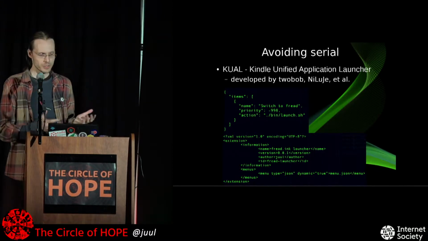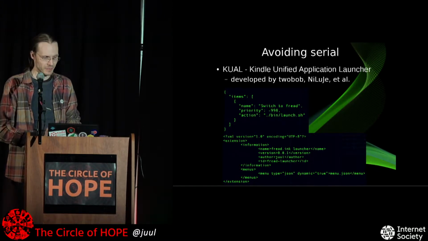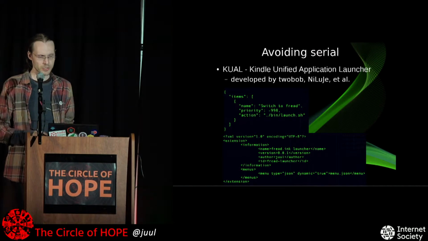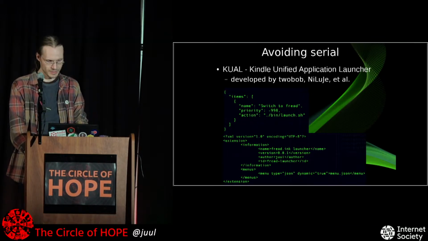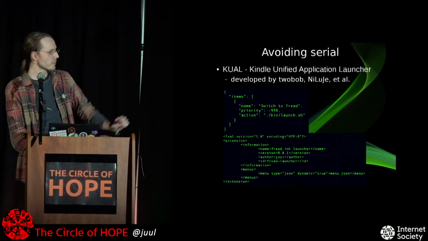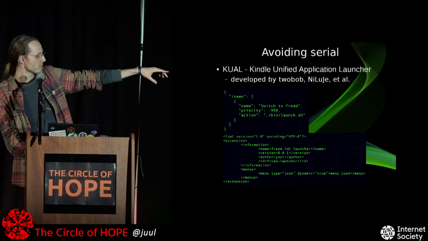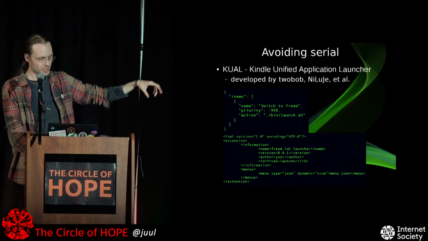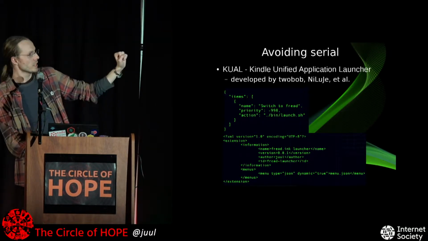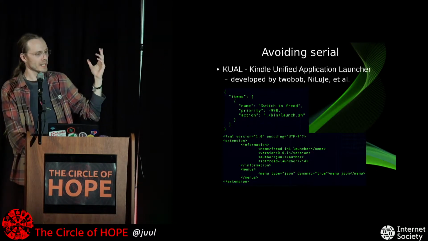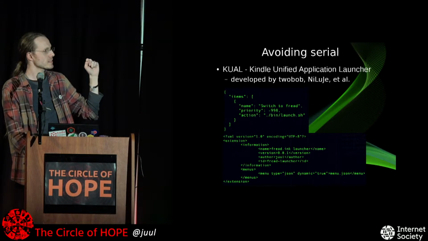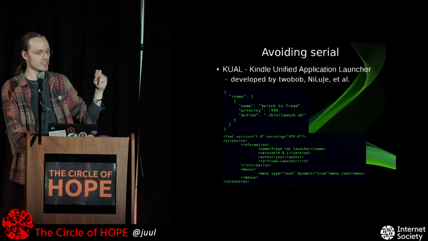All right, so can we do something where we don't need the serial? Doing all the soldering and connecting the serial is fine if you're trying to deal with U-Boot and loading a kernel, but maybe we could make it easy for people to load things. Right here is some XML and some JSON, and the reason I'm showing this is that some very nice people, including Tubob, Niluge, and others who've been hacking on Kindle for a really long time, make this thing called the Kindle Unified Application Launcher.